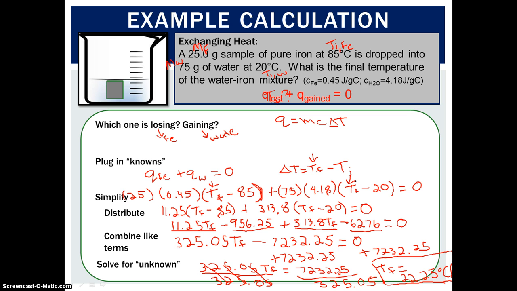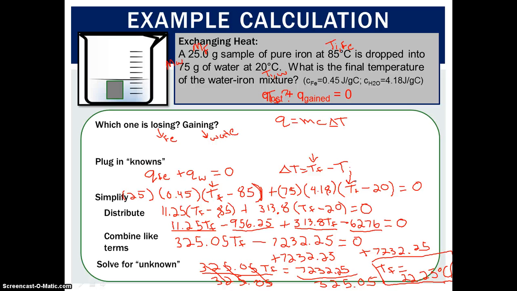In other cases, if I measure TF, say, because remember temperature is measurable, whereas specific heat is not, you can imagine that this kind of calculation can be used to find specific heat. And we're actually going to do that in a virtual lab tomorrow.